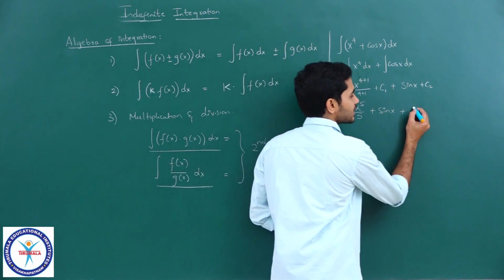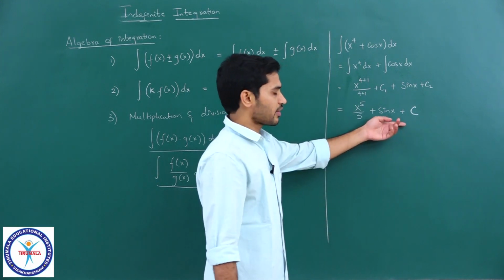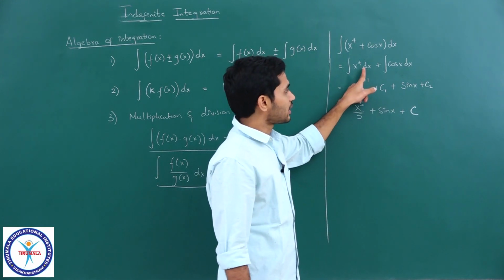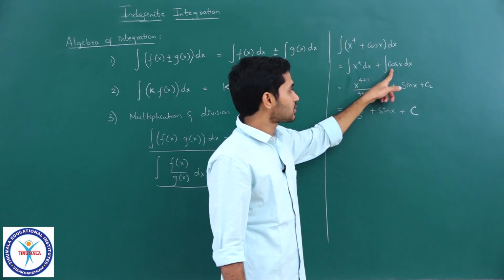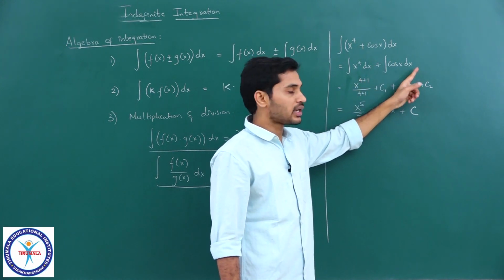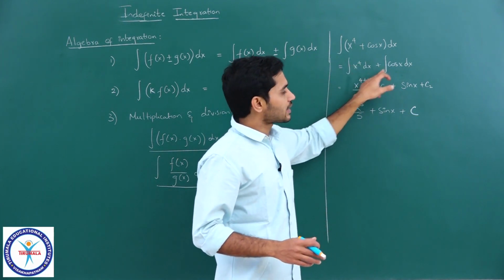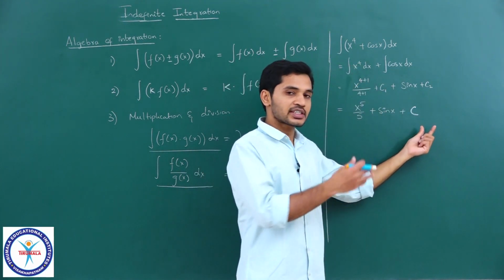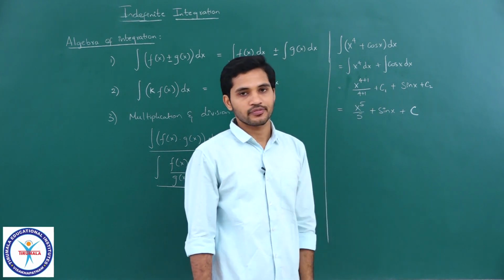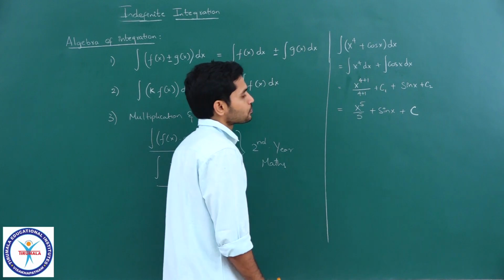So I will eventually write it as a single constant C. So you can do this every time. When you are integrating separately like this, you do not have to add one constant here, another constant here and then add the constants. So you can skip all that. So directly integrate the functions and add one constant at the end, that would be enough, clear. So this would be the answer for that, clear students, okay.